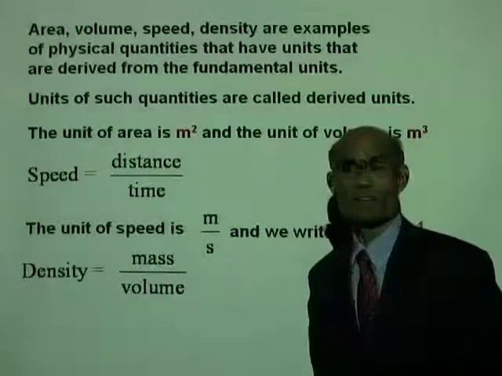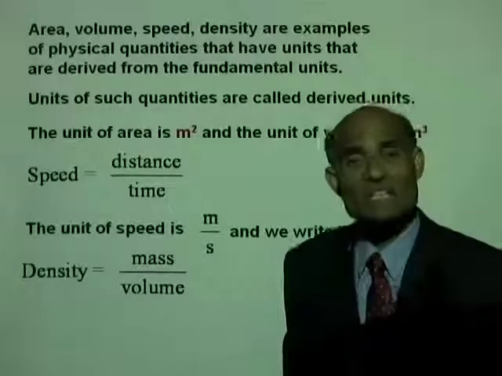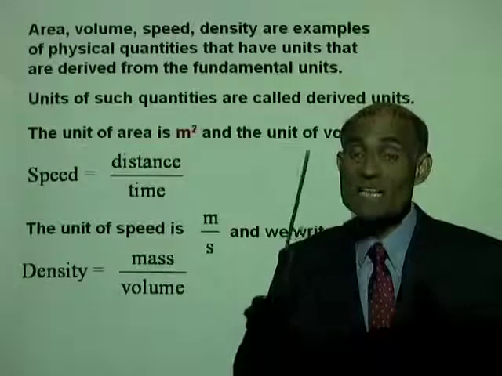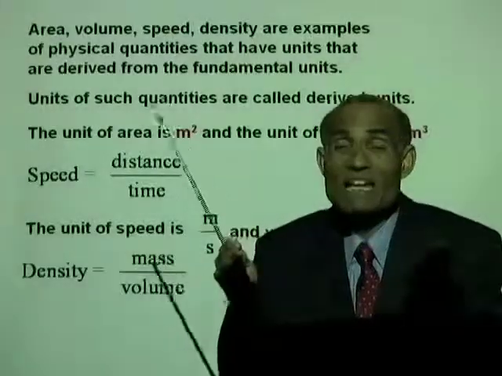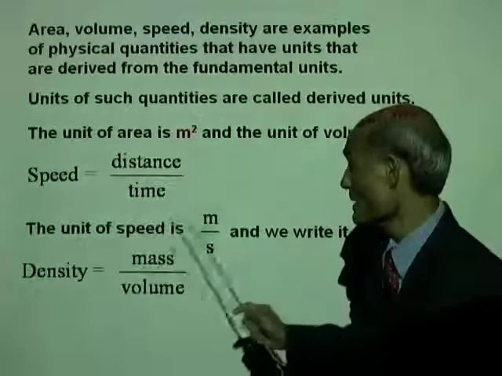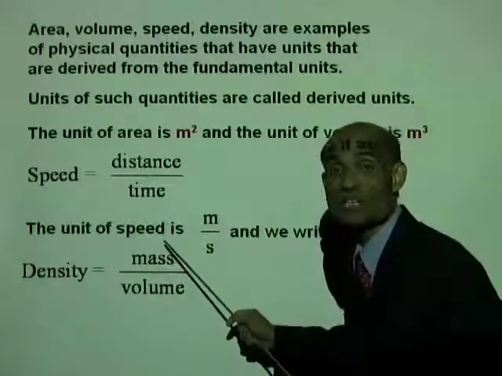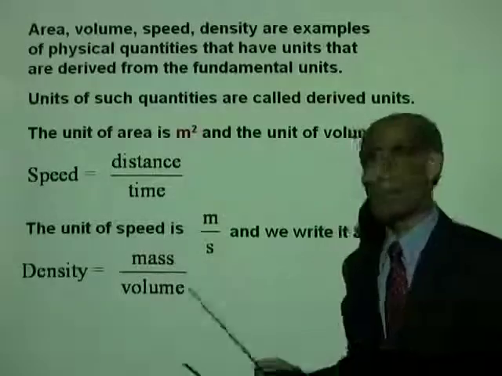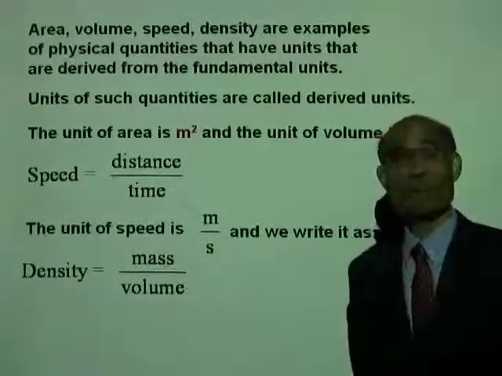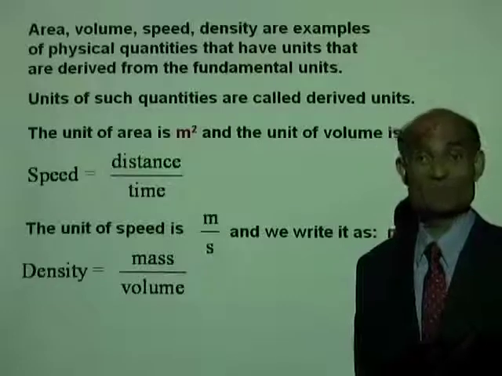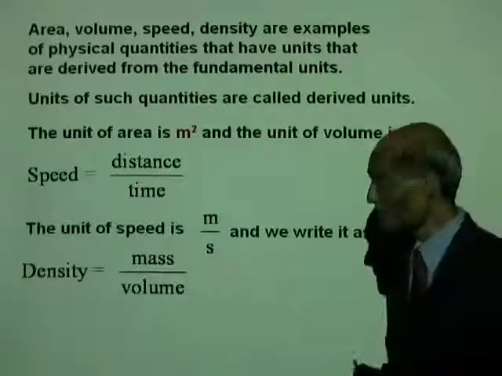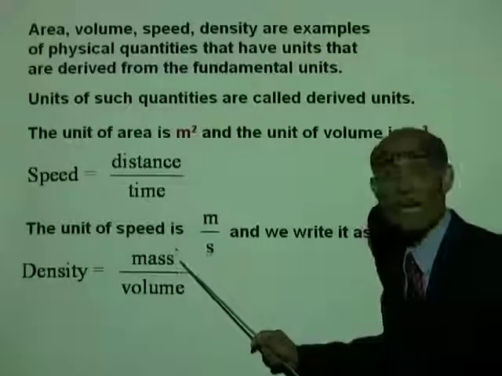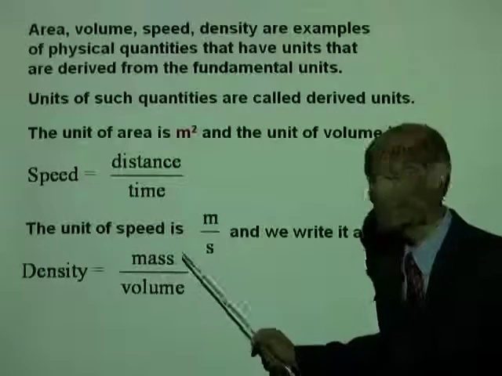Density. Does anybody know how density of an object is defined? Density is mass contained in unit volume. And you can measure density by dividing mass by volume. Mass divided by volume is density. Well, what is the unit of density? The unit of mass is the kilogram.